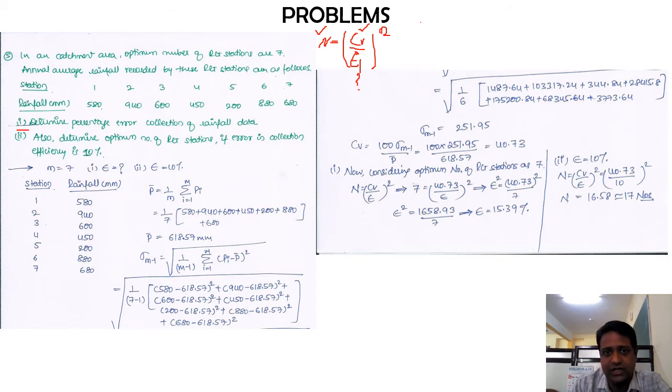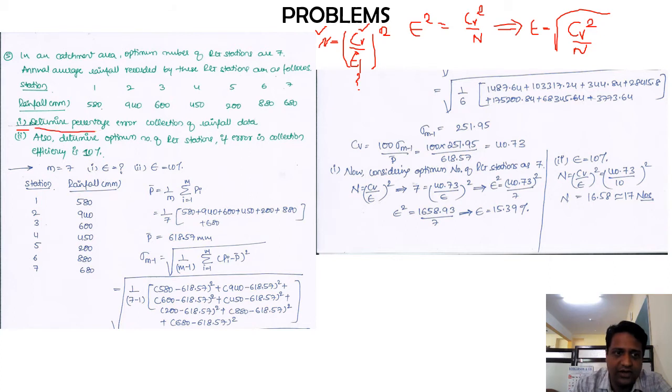My formula for that: epsilon squared is equal to Cv squared divided by N. That indicates epsilon is equal to the square root of Cv squared divided by N. This is the formula for epsilon.